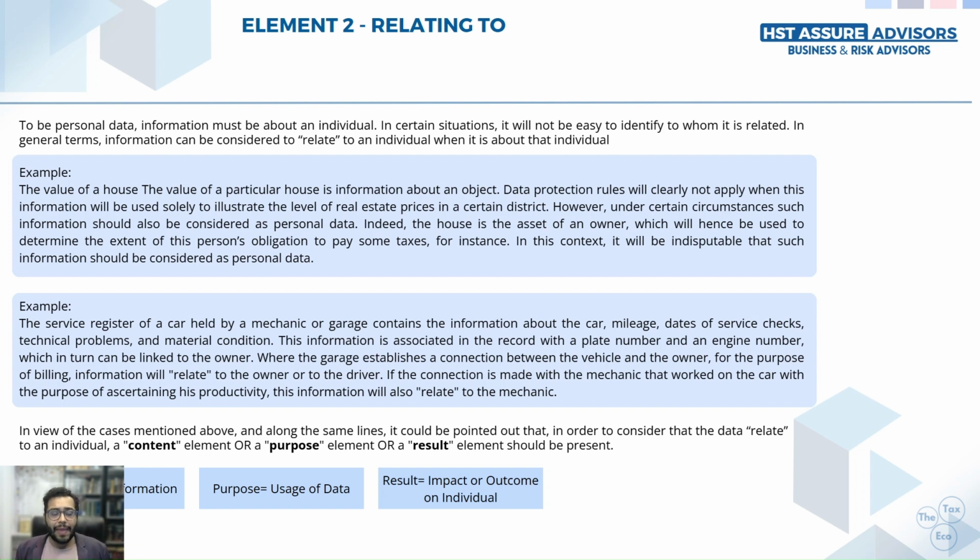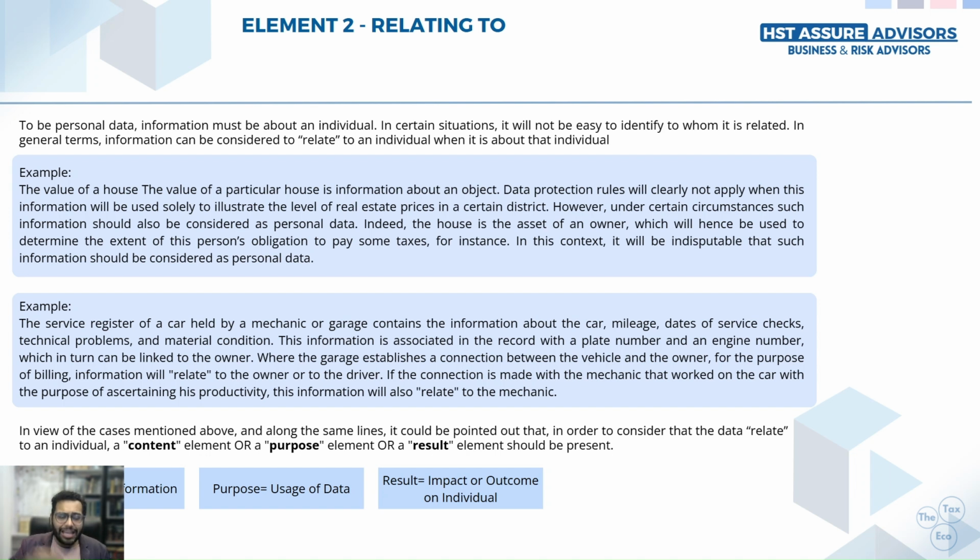So let's say that the medical data is with the collectors of the data, and that medical data is being used by that collector in a certain way, which is also impacting the individual about whom the medical data is. In that case, you can say that result is creating a relationship between the information and the individual.